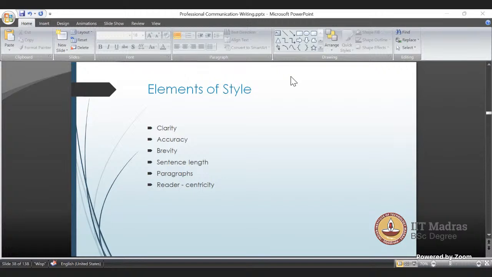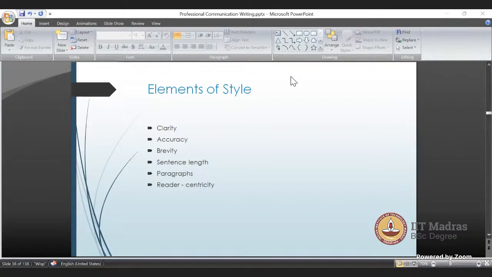But in professional writing, particularly because there are time and space constraints, brevity has higher importance. It has more importance than what it would have in creative writing. Okay, so that's what brevity means. Brevity means to be concise and to the point.